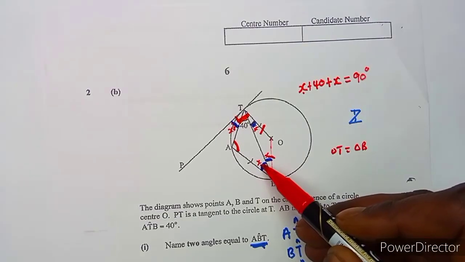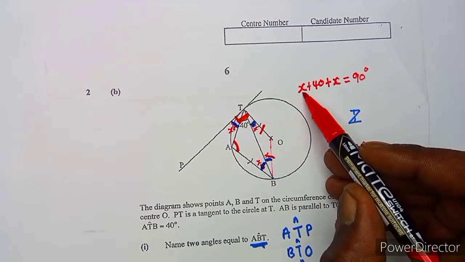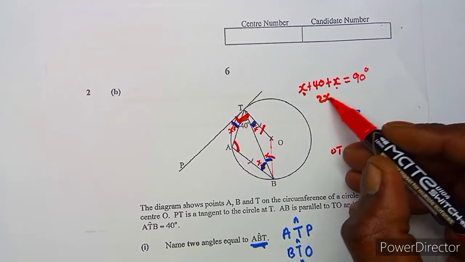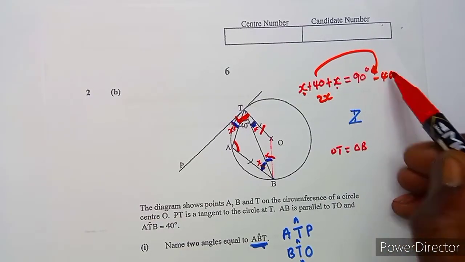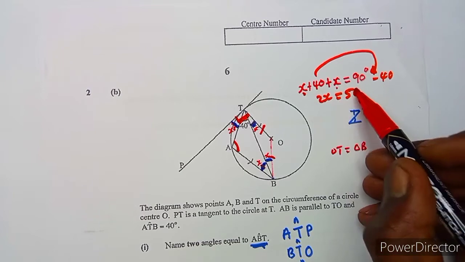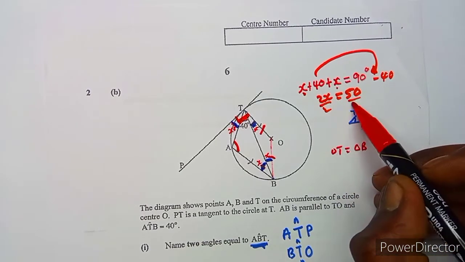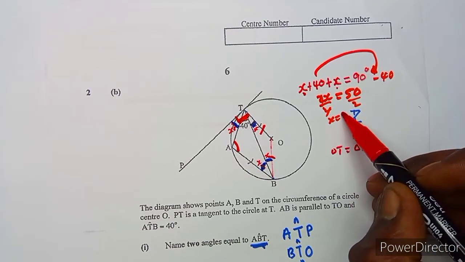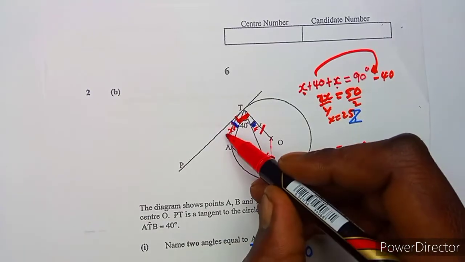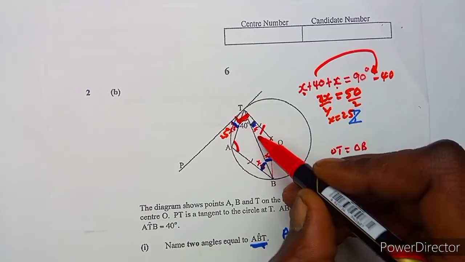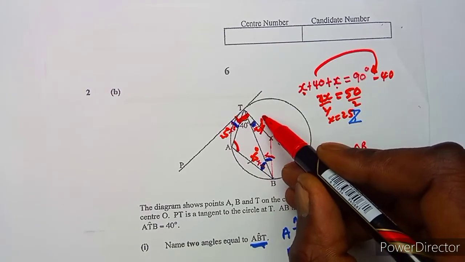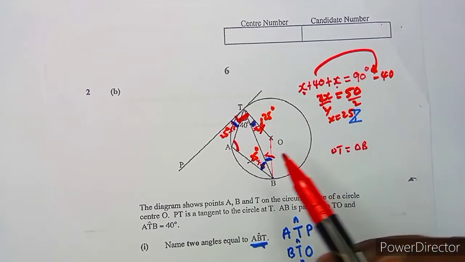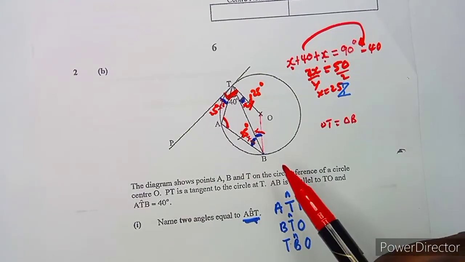If I'm able to know x, I also know this angle. So x plus x is 2x, and transposing, this side is going to be 90 minus 40, which is 50. Then divide by 2 on both sides, that means our x is 25. So this angle here is 25 degrees, which means this also is 25 degrees. This also here is 25 degrees. And that means it's now easier for us to calculate what?